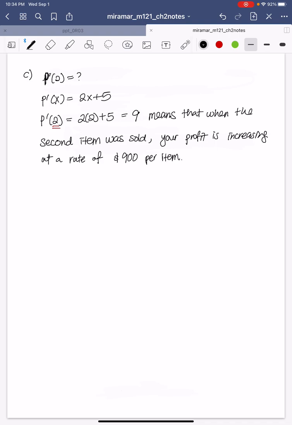Okay, and then I'm going to highlight this phrase here. Your profit is increasing at a rate of 900 per item. That is very important.